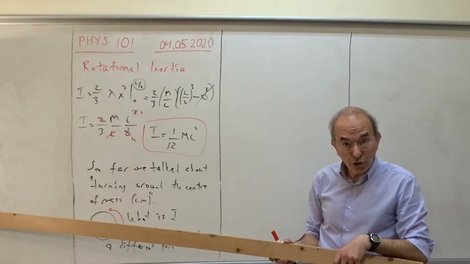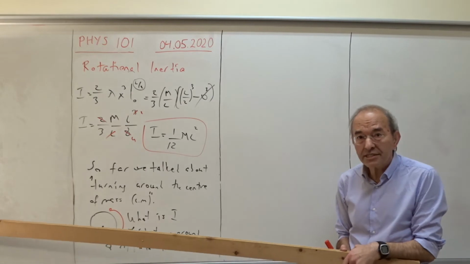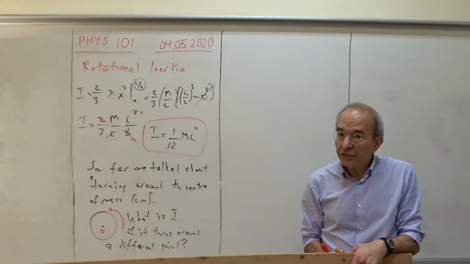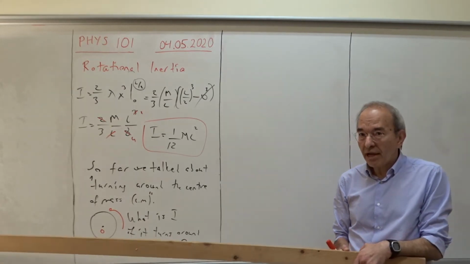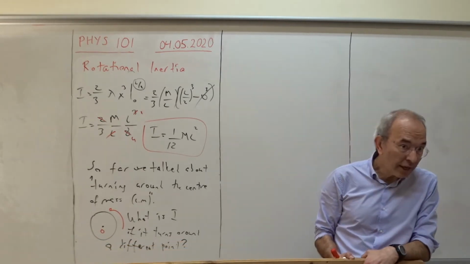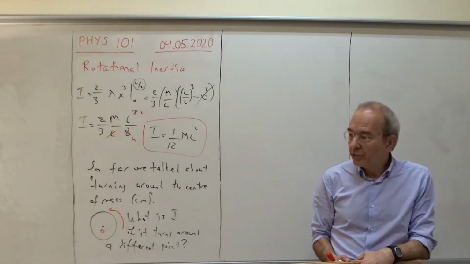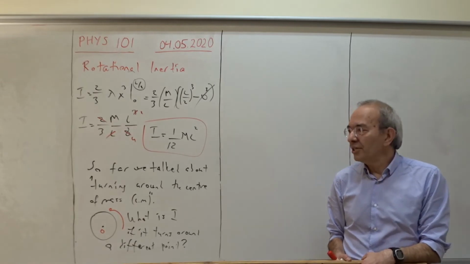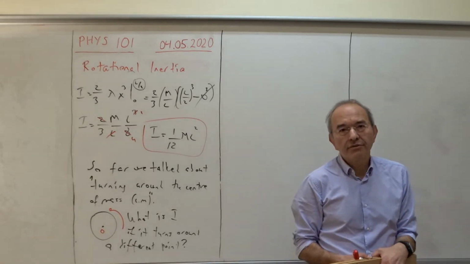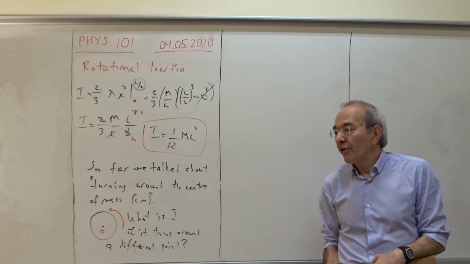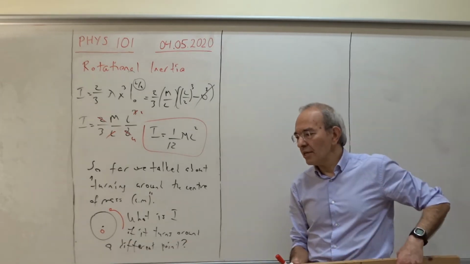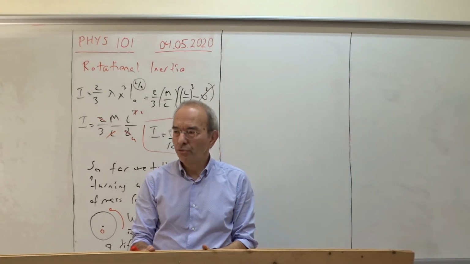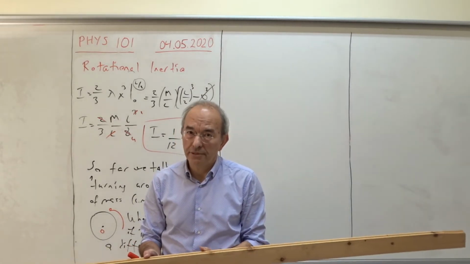If you try to rotate this object around an axis passing through one end, it is the hardest way of rotating it. The right hand end is no different, but the easiest one is the center of mass. If you rotate it through the center of mass, it is the easiest possibility.